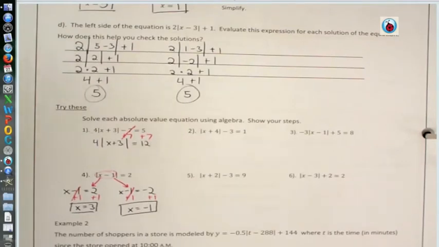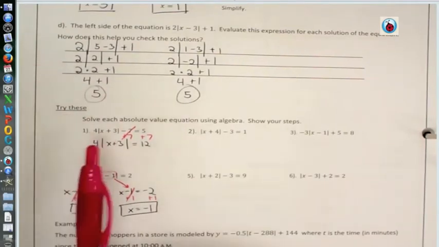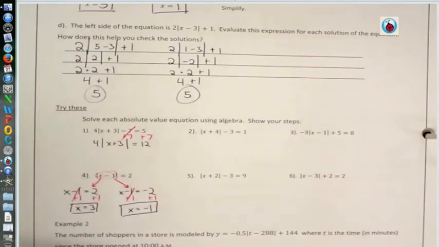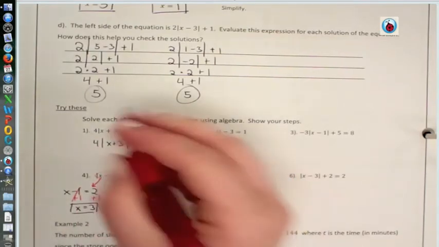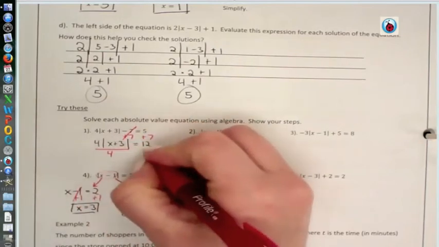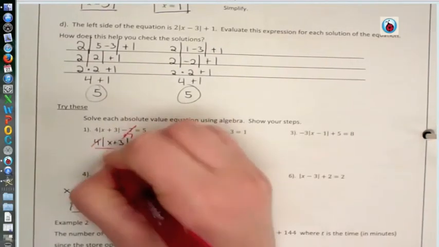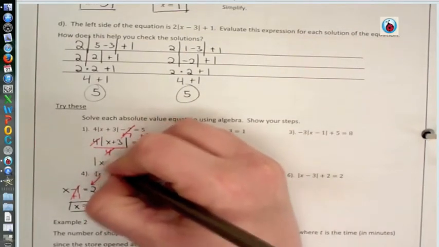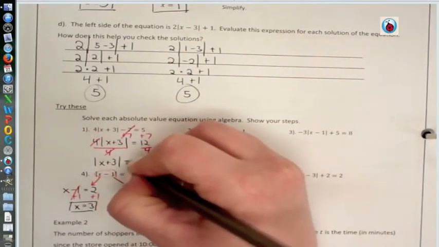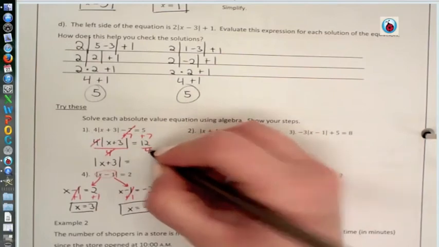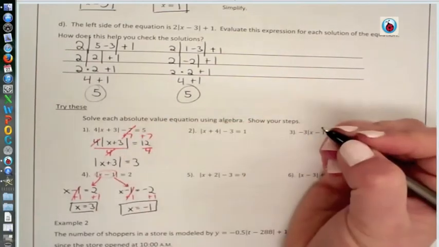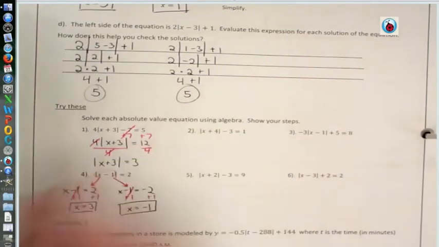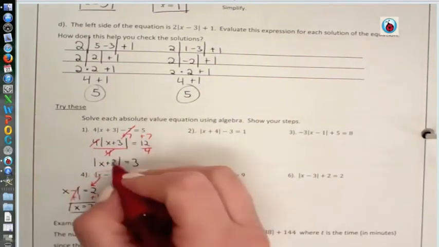The absolute value is not fully by itself yet, so I'm going to get rid of this 4 that's multiplied in front by dividing both sides by 4. 4 and 4 cancel. I get absolute value of x plus 3 equals 12 divided by 4 simplifies to 3. All right, so this is what's going to have to split into 2 different equations.